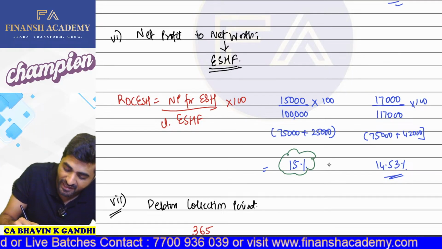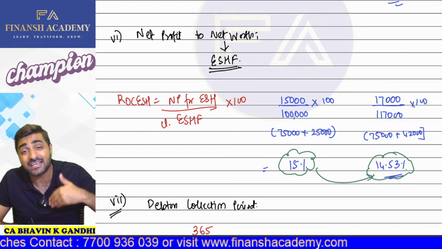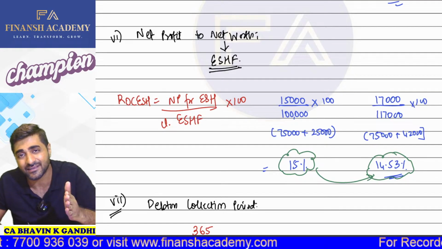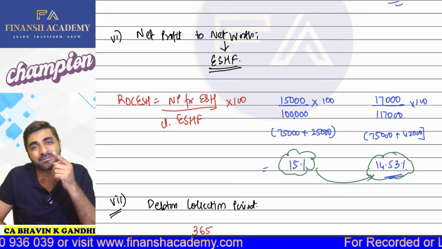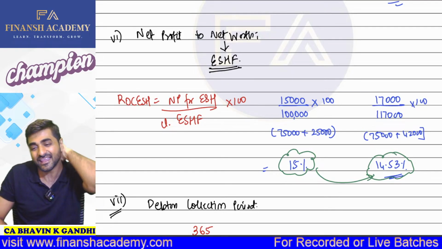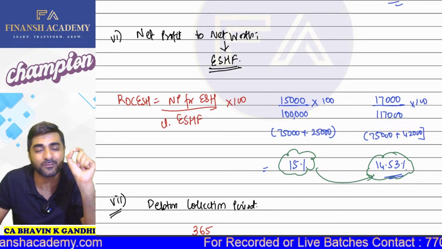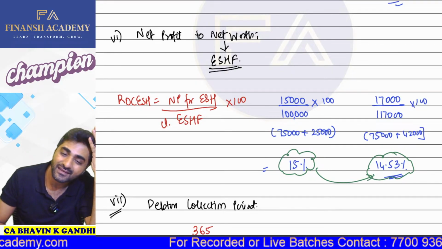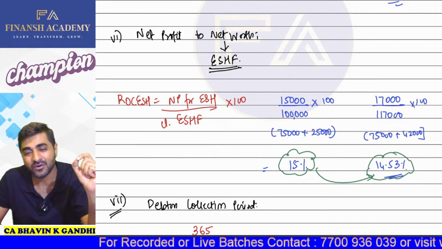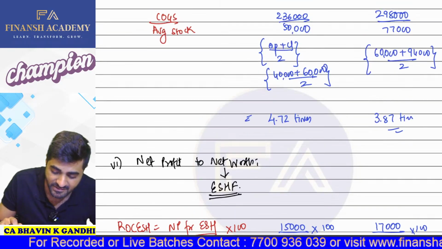From 15%, can you see it's becoming 14.53? So if there is inefficiencies in your turnover ratios, where can you see the impact of it? The impact of it can be seen in the return ratios. Will the return ratios fall? Come on, yes or no? Then the answer is yes. From 15%, it has reduced to 14.53%. Superb. Clear? Are you guys trying to understand this?